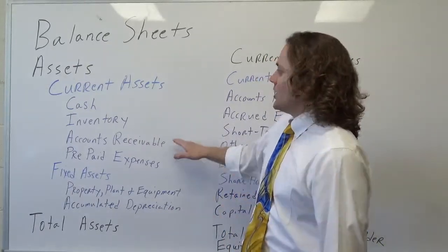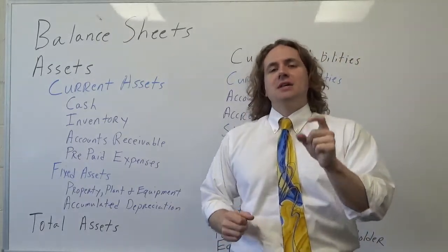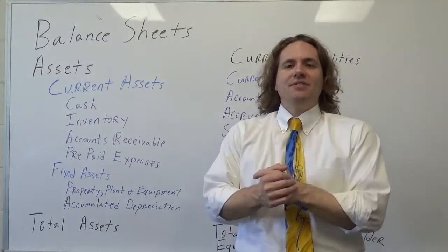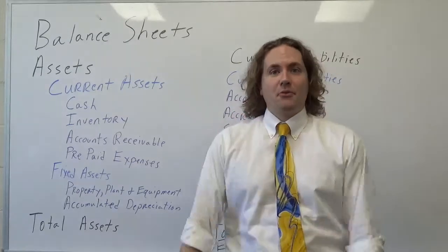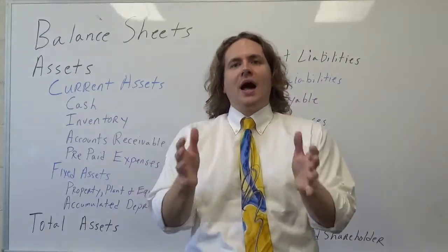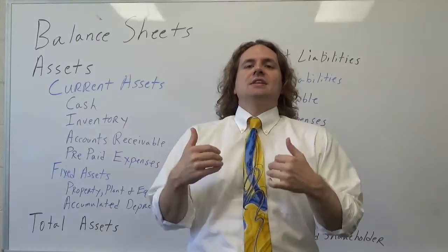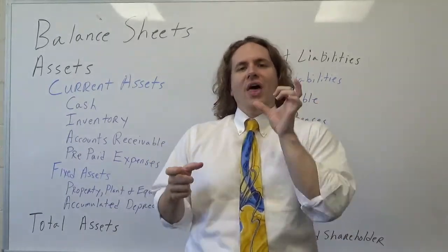You've also got accounts receivable. Accounts receivable means somebody owes you money for something, but they haven't paid it yet. Let me give an example from my own personal life. The pool guy cleans out my pool, and then he produces an invoice.